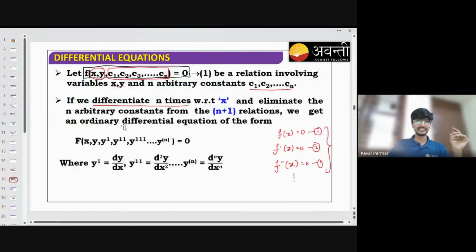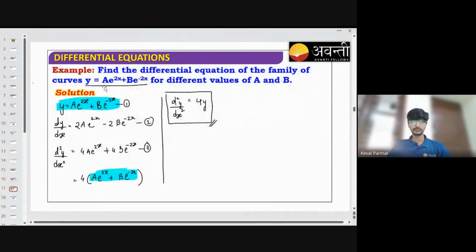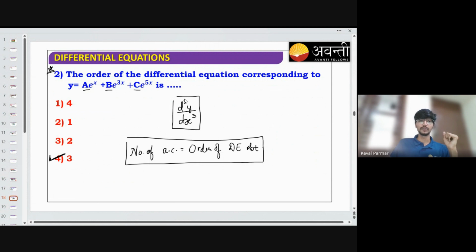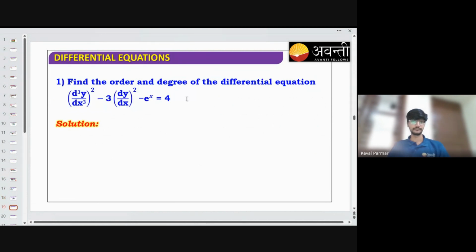As you can see in the previous example also, there were 2 arbitrary constants, A and B. So the differential equation we got was d2y over dx square equal to 4y. What is the order? 2. Why 2? Because we differentiated 2 times. Got it? Next question.